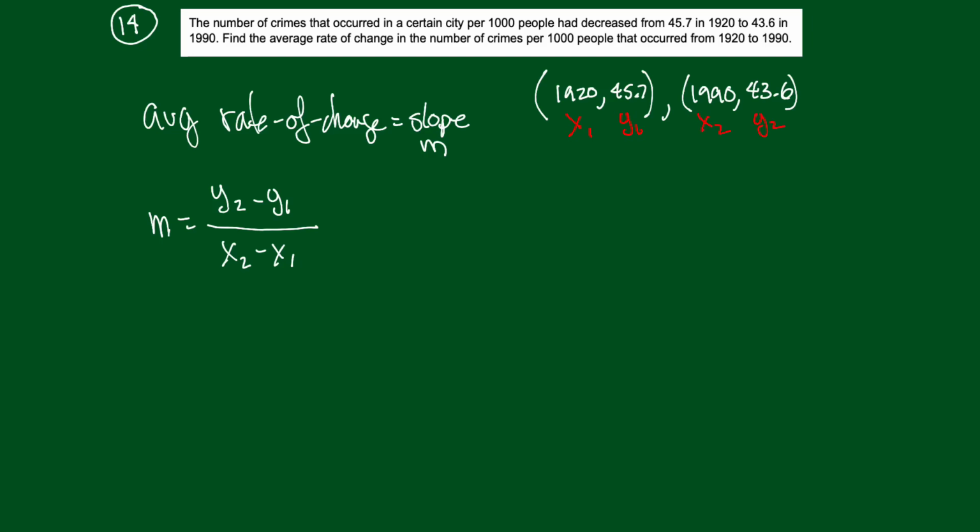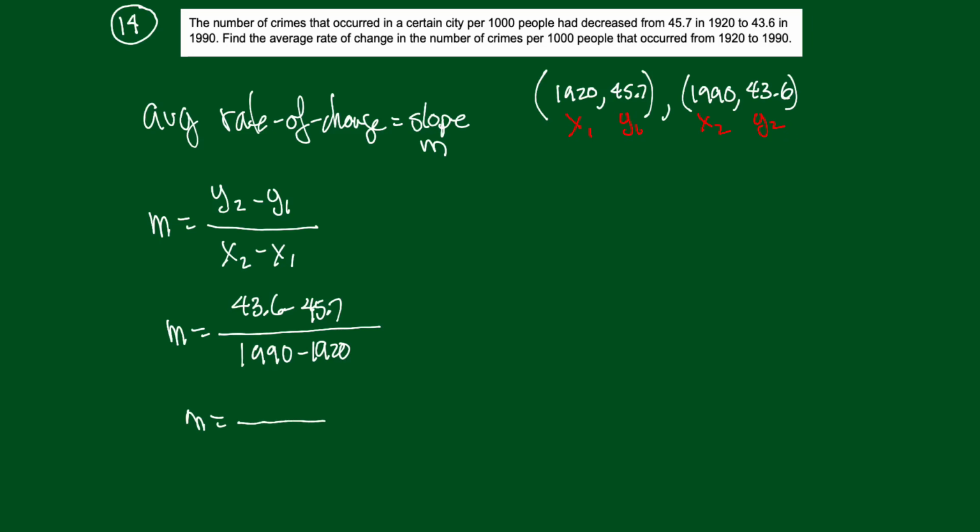Let's substitute those values into our formula. So the average rate of change will be the difference in the y's, the second values, 43.6 minus 45.7, over the change in the x's. Second x, 1990, minus the first x, 1920.